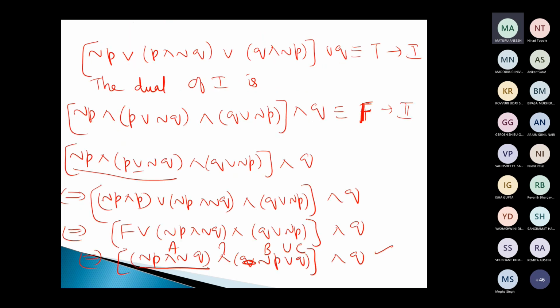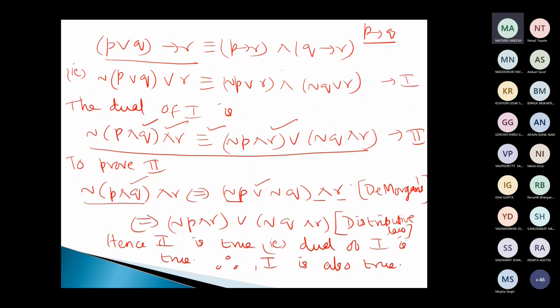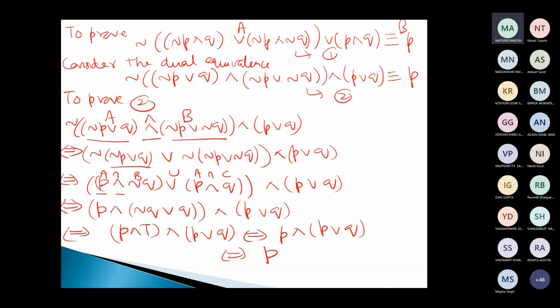If you want, you can look into this from the beginning. Ma'am, can you show the last slide once? Sure. Ma'am, since the dual is false, that means the original equivalence was also false?